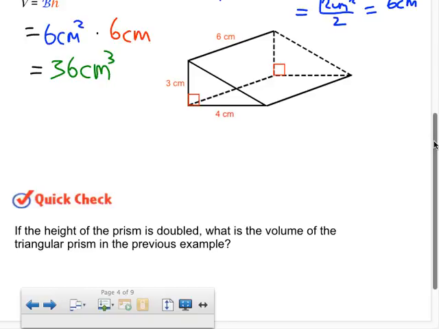The height will be 12, but what's the volume going to be? Well, instead of 6, it's going to be 12, right? It's going to be 72. 72 what? Centimeters cubed. So the volume is going to be doubled. If the height's doubled, that's like taking the same prism and stacking it on top of itself, right? Isn't it going to be double the volume?